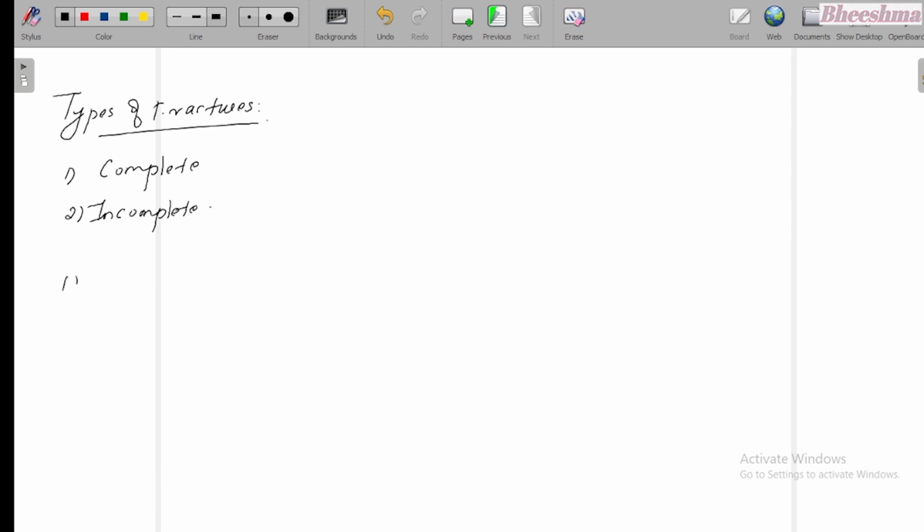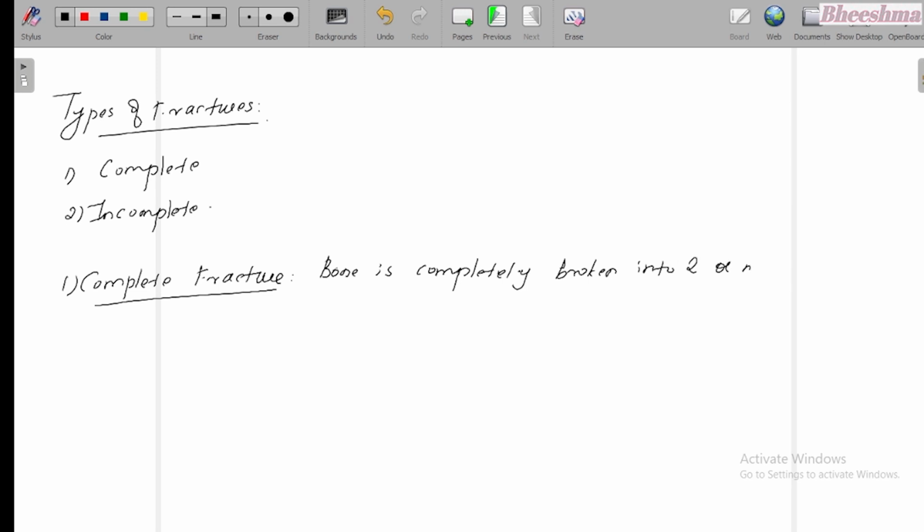In complete fracture, bone is completely broken into two or more fragments.